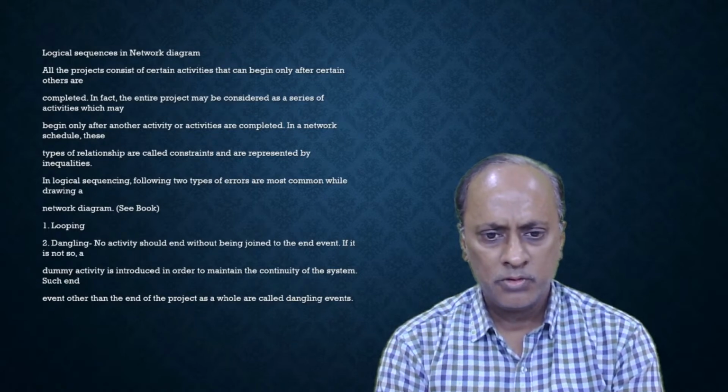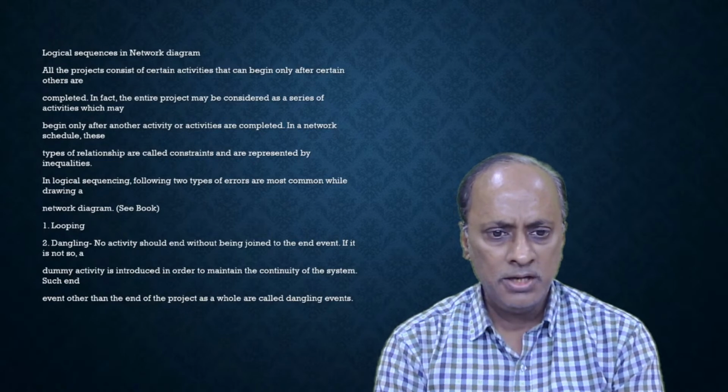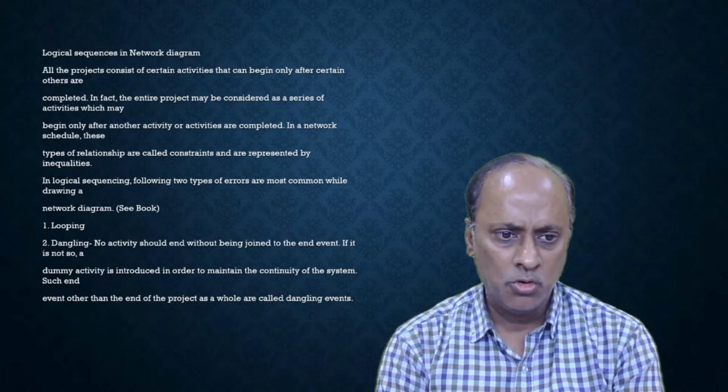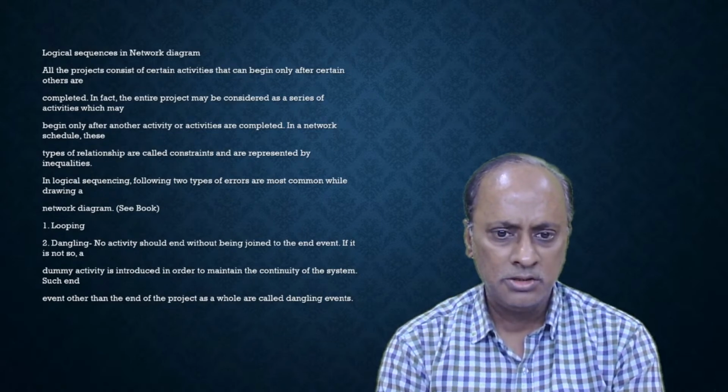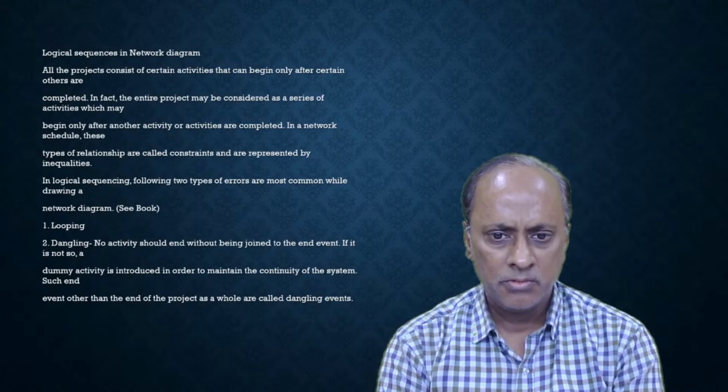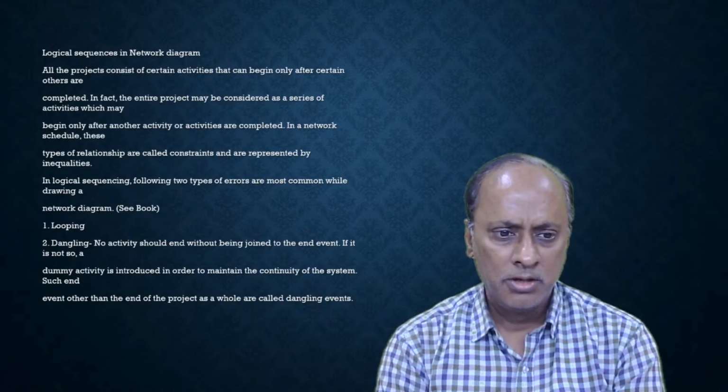One is looping. What is looping? Events other than the end of the project as a whole are called dangling events. No activity should end without being joined to the end event. If it is not so, a dummy activity is introduced in order to maintain the continuity of the system.